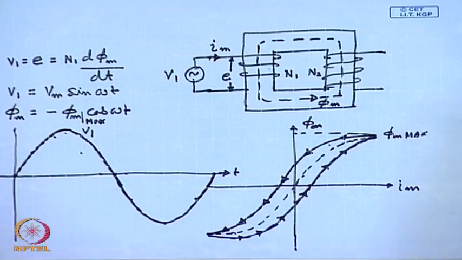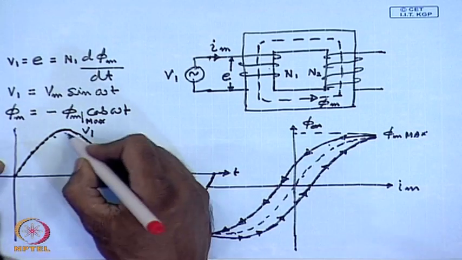The flux phi m will be lagging this by 90 degrees.